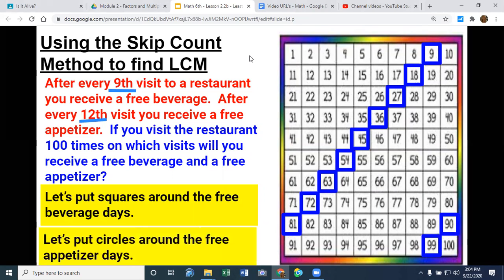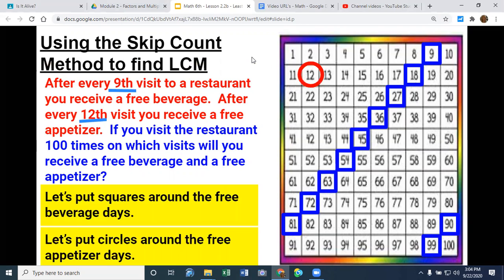Now, let's put circles around the free appetizer days. That's every 12th visit. So let's circle all the 12s. Skip count by 12.